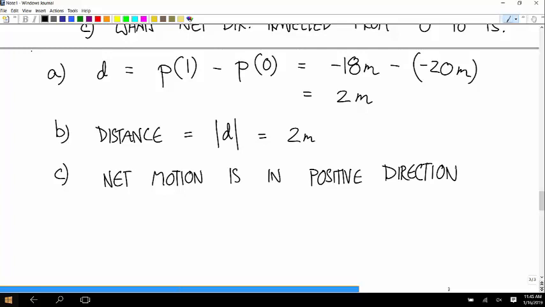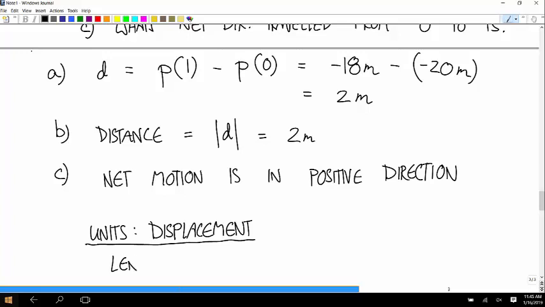Okay, displacement is just a difference between two positions, so it has to have the same units as position. So units for displacement are length.